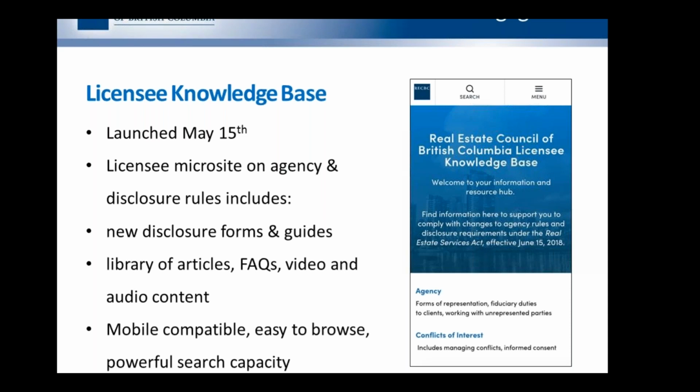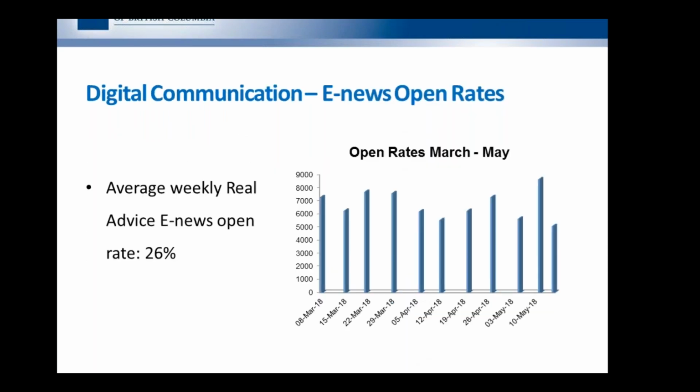Now, this next screen is a little bit of a disappointment to us. This is our digital communication e-news open rates. It's a bit of an anomaly. We've heard complaints that we are not providing enough information, and it's well understood everyone's super busy and there's lots of incoming traffic, but having an average weekly open rate of our e-news of 26% is a bit disappointing.